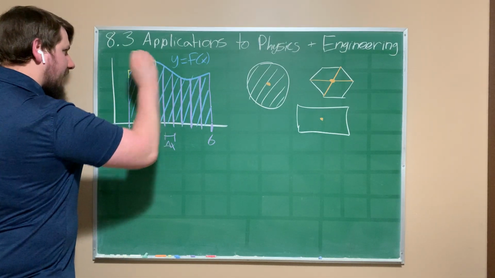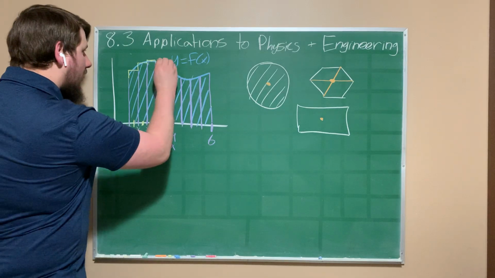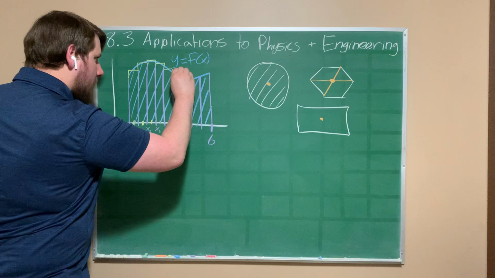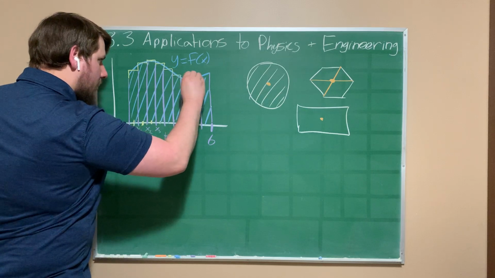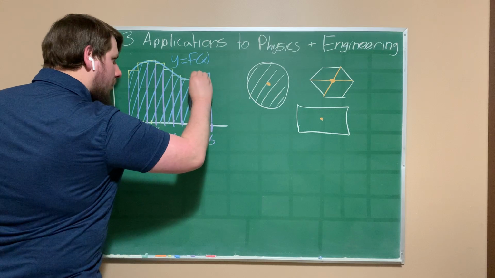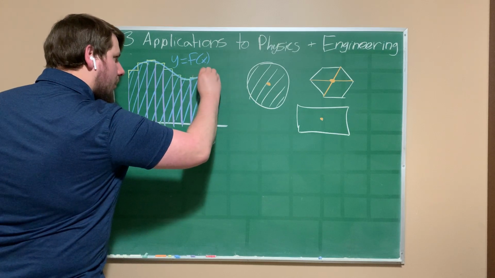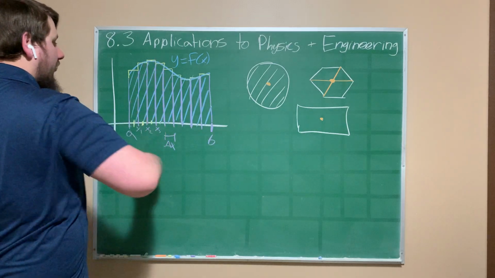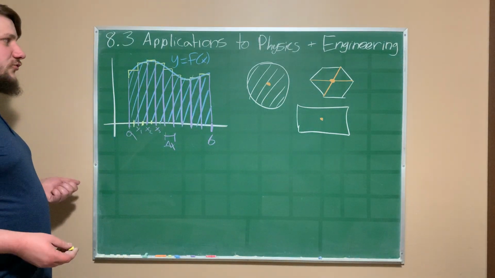Same thing all the way through here. So we have all of these different midpoint rule approximations for each of these subintervals here. And so for a particular one of these, we are going to find the centroid.